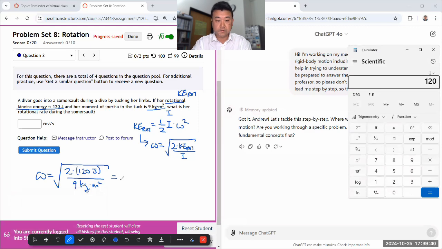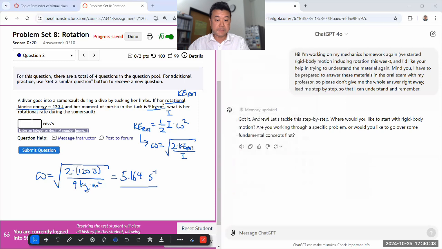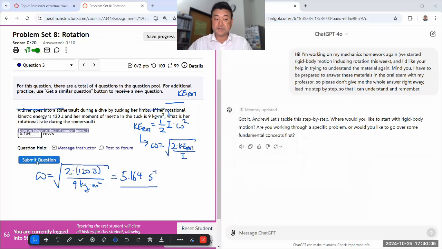So 2 times 120 divided by 9, square root. 5.164 inverse second. And you plug in this answer, and you feel like you've done everything right. It should be right, and it says it's wrong.